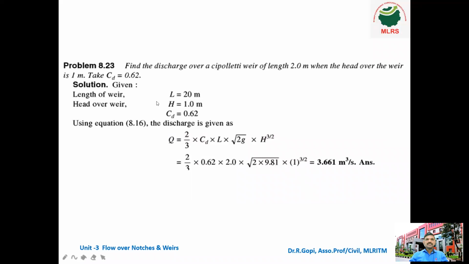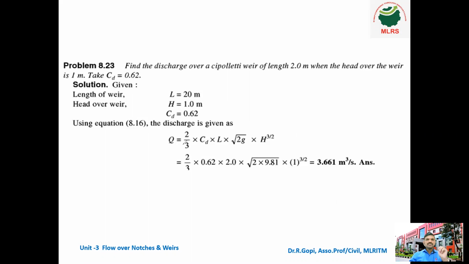So now we will discuss one problem. Find the discharge over a Cipolletti weir of length 2 meter when the head over the weir is 1 meter. Take Cd is equal to 0.62. Okay. See, the formula and everything is the same.